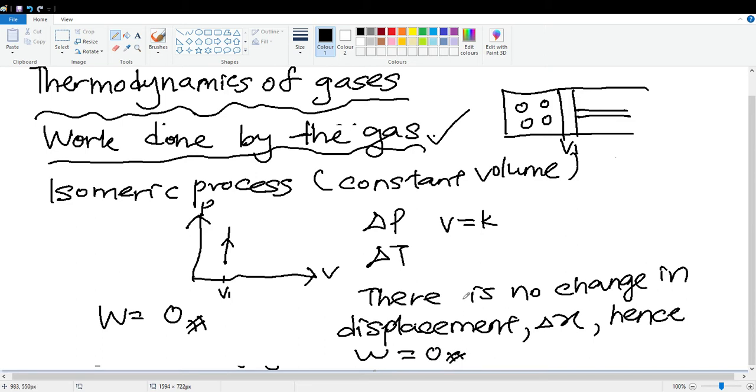Alright, so this is the isometric process. Since the volume is the same, the only changes are the pressure and the temperature. Hence, the work done is equal to 0, since no work is done by the gas to move the piston from the initial volume to the other volume. Alright, so this is the definition for the isometric process.